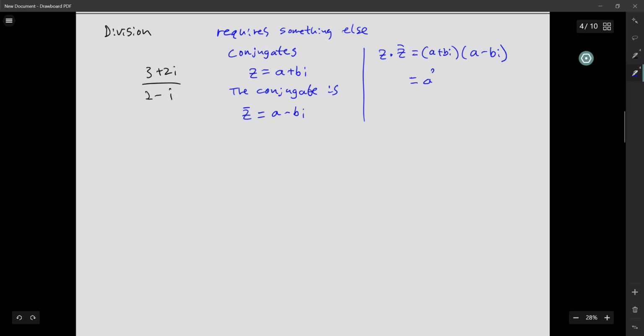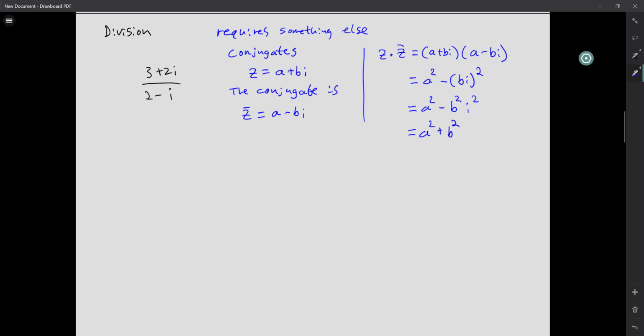So I'll get a squared, then I'll have minus abi and plus abi, so those cancel. And then at the very end, I'll have minus (bi) quantity squared. So it'll be a squared minus b squared times i squared, but i squared is -1, so a squared plus b squared.